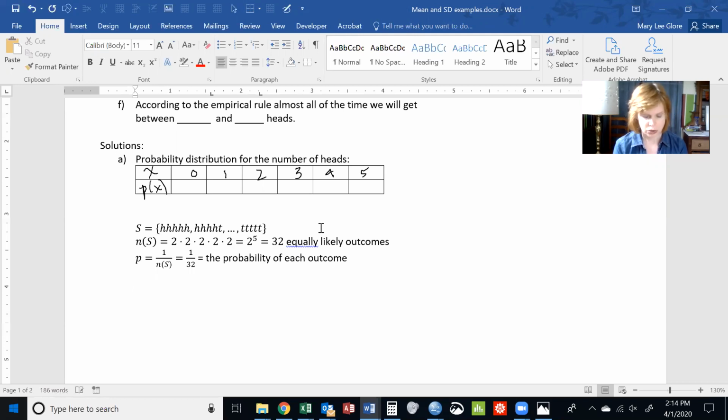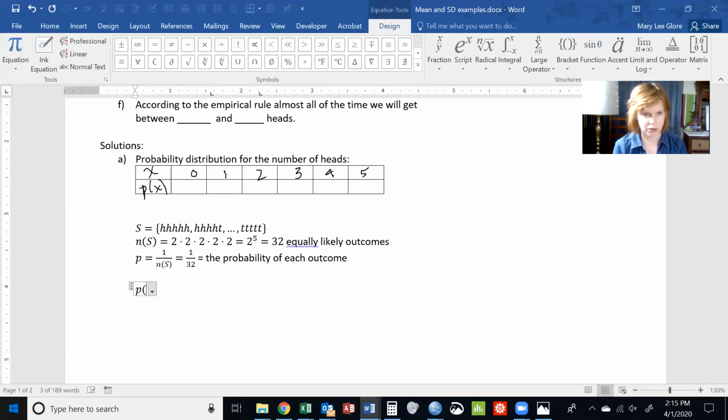All right. So let's start out with the probability of 0 heads. P of 0. This is the probability of no heads. The only outcome that's going to be associated with that is all tails. That's the only one. So this is going to have probability 1 over 32.